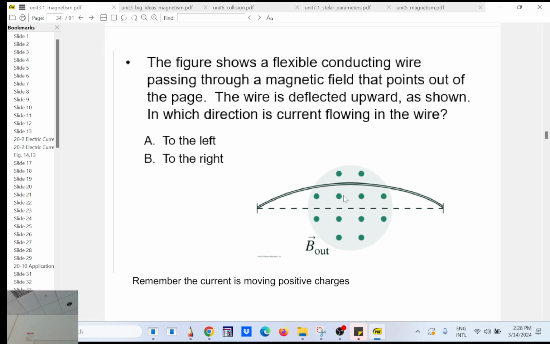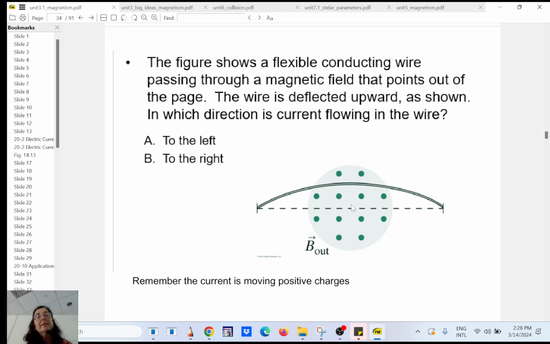Is that clear? A vector has a tail and a head. Towards you, you see a dot. Into the screen, away from you, you see a cross.